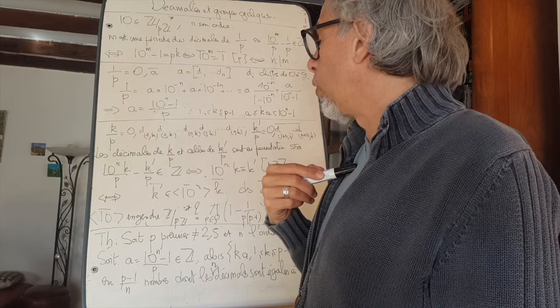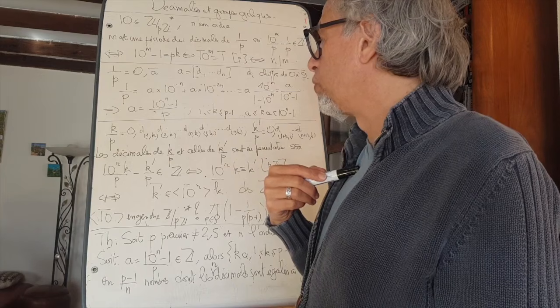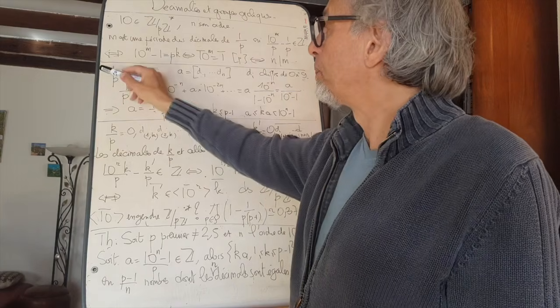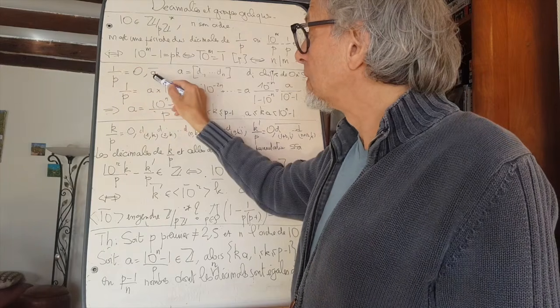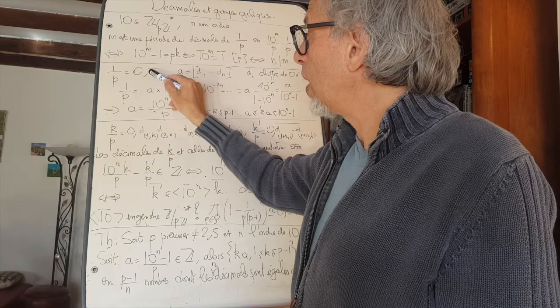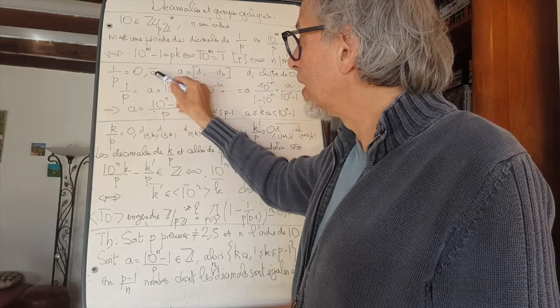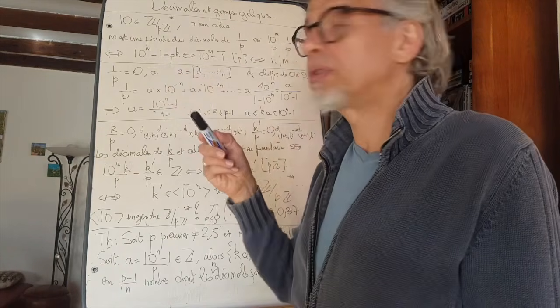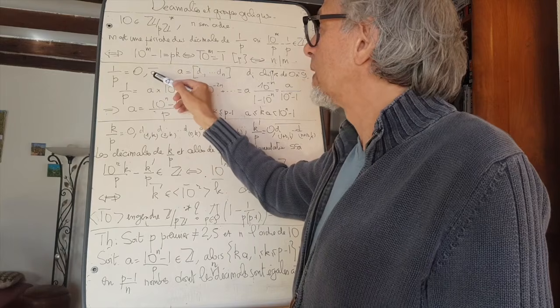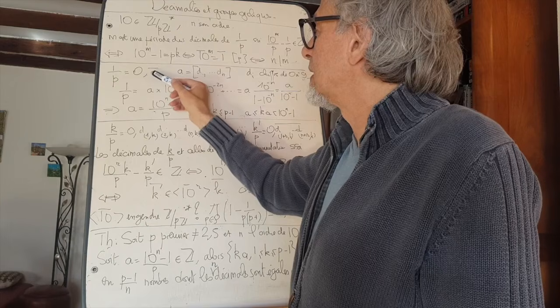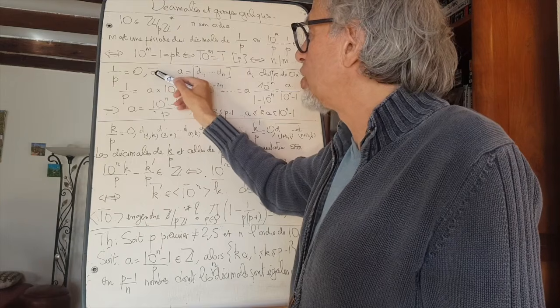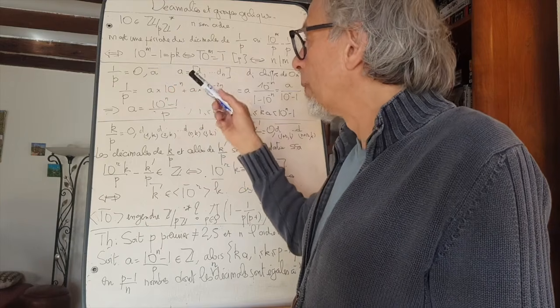So now we are going to multiply 1/p by k·a, and here we are going to have the bar over ka, because ka is exactly an n-digit number. We have seen that.